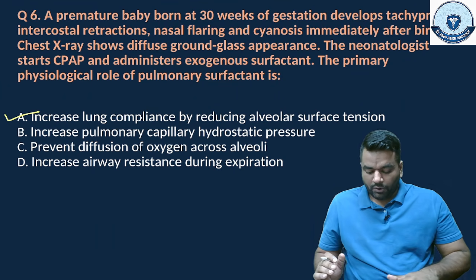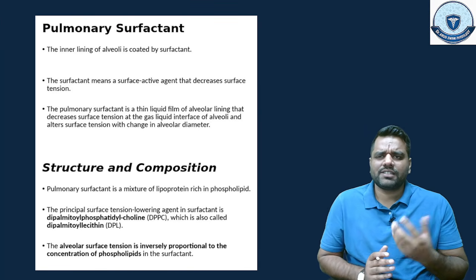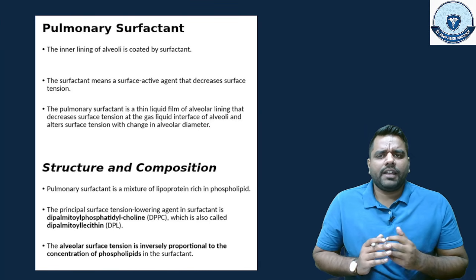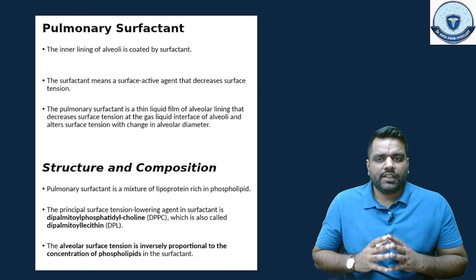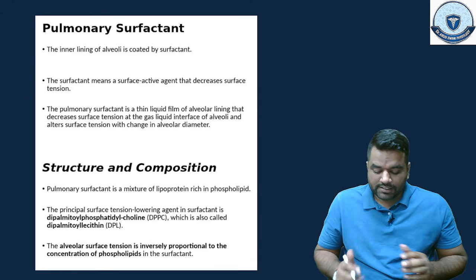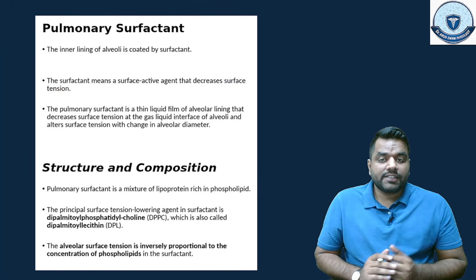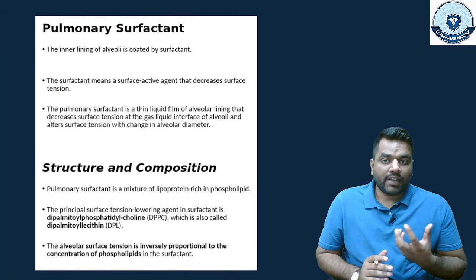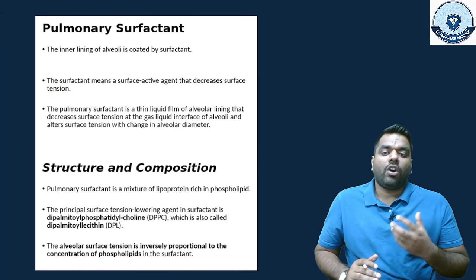Okay, now let's talk about pulmonary surfactant in a very short way. This is present in the inner lining of the alveoli, coated by the surfactant, and this is actually the active agent that decreases the surface tension. Very, very important. Pulmonary surfactant is a thin liquid film of the alveolar lining that decreases surface tension at the gas-liquid interface of alveoli.